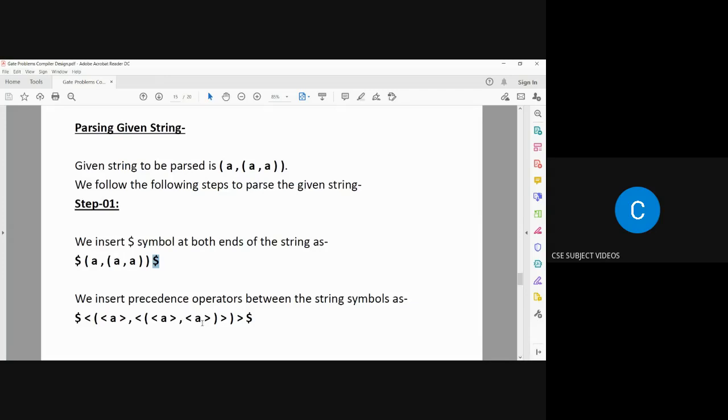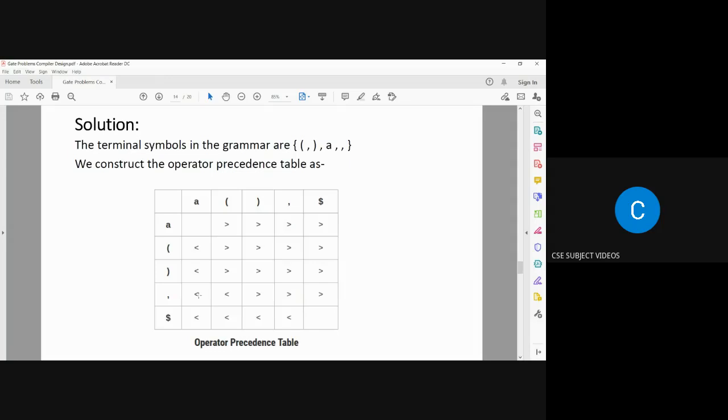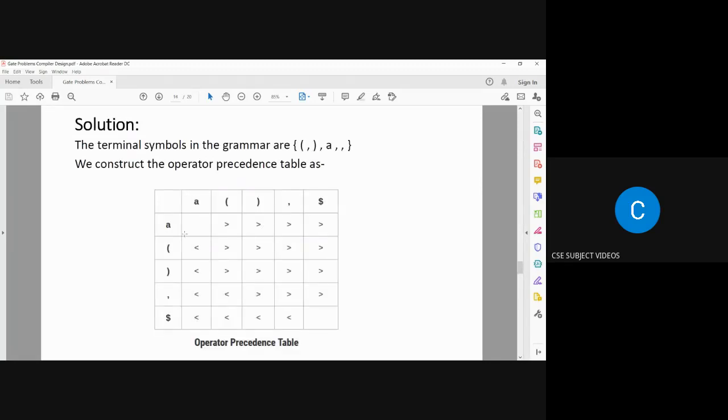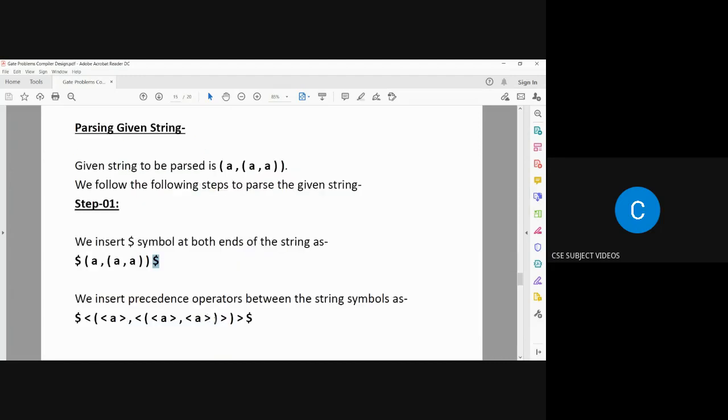Next comma A: comma less than A, comma less than A. Next A close bracket: A greater than close bracket, A greater than close bracket.